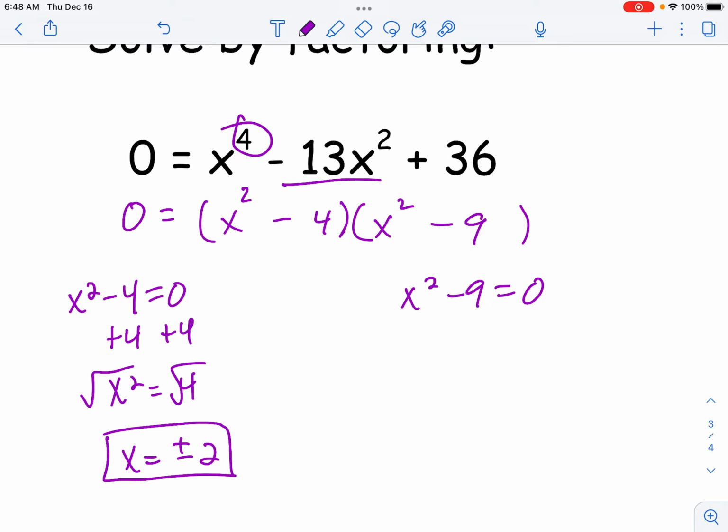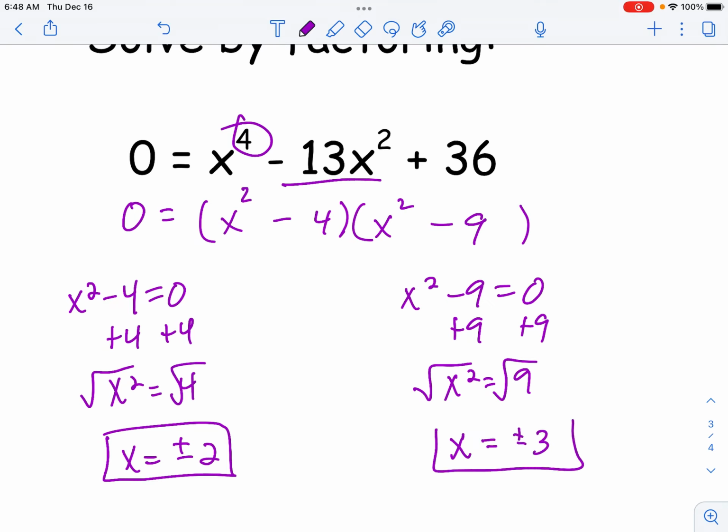On the other one, we are going to add 9 to both sides. We get x squared equals 9. Square root both sides, and we get x equals positive or negative 3, because 3 times 3 is 9. So we got 4 answers. That's what we should have gotten.